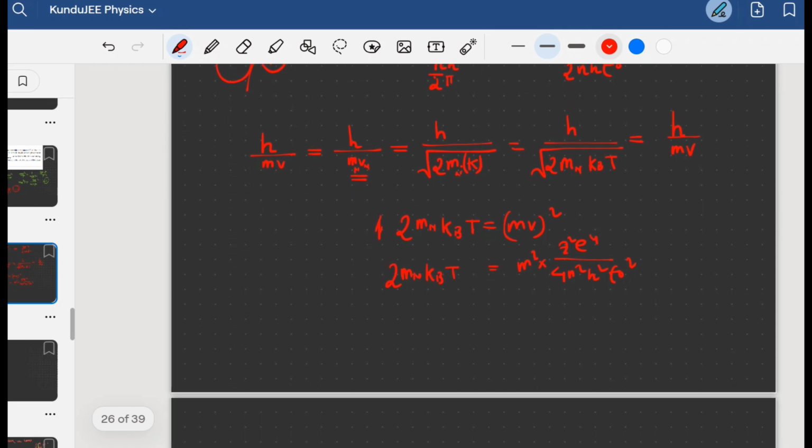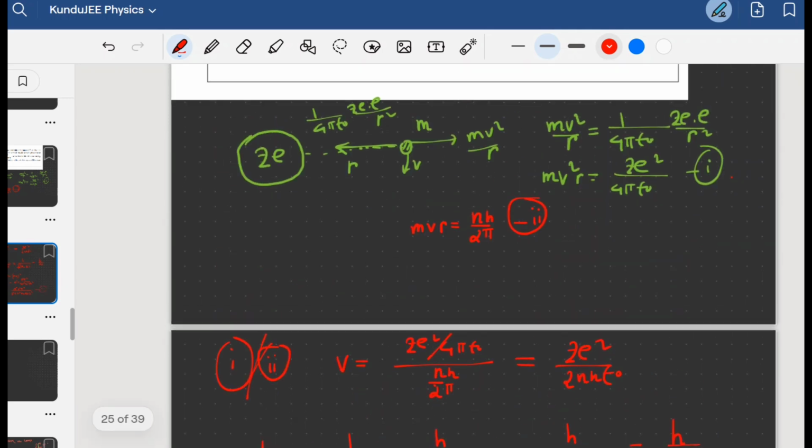So we are ultimately getting one expression for the temperature T, that is m square z square e to the power 4 by 8 n square h square mn kb epsilon naught square.